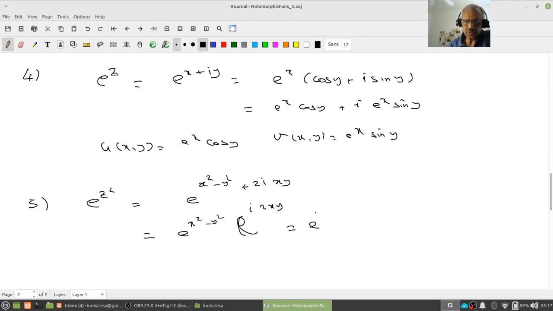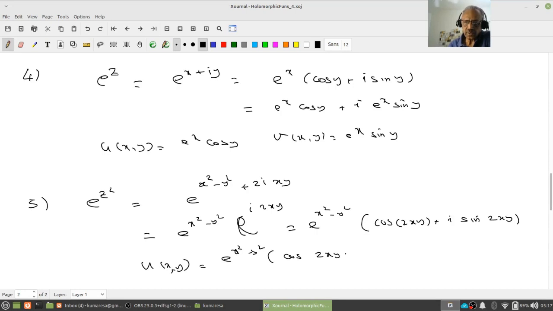That is e power x squared minus y squared into cos of 2xy plus i sin 2xy. Therefore, you know what is u of xy. u of xy is going to be e power x squared minus y squared into cos 2xy, etc. Okay. So pause, review, proceed.